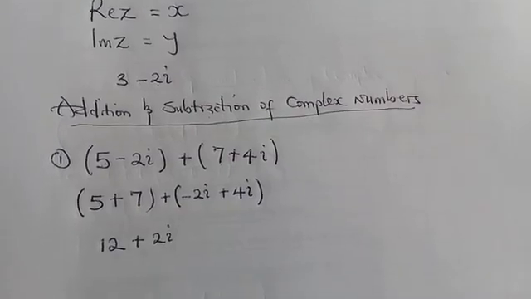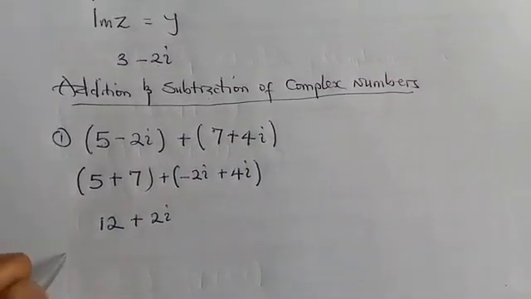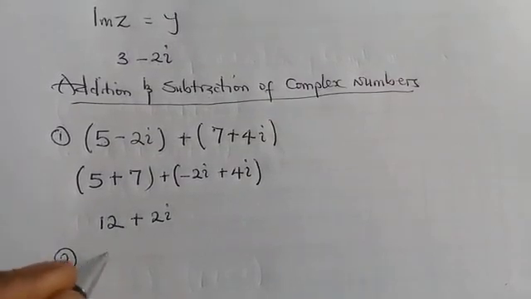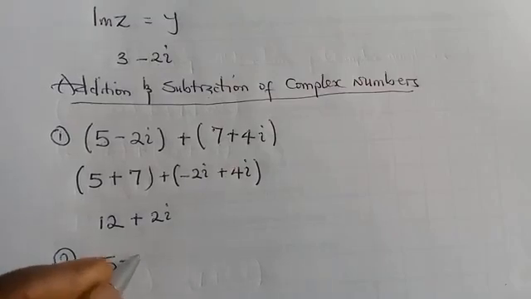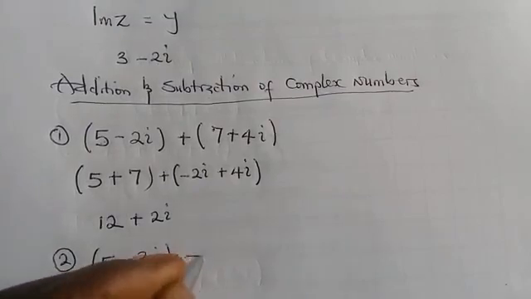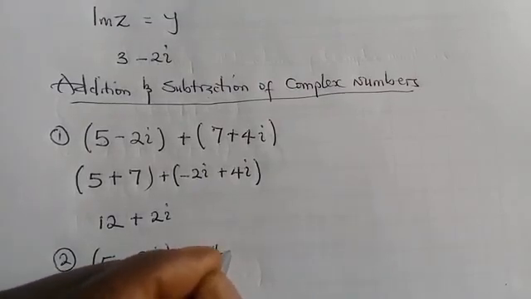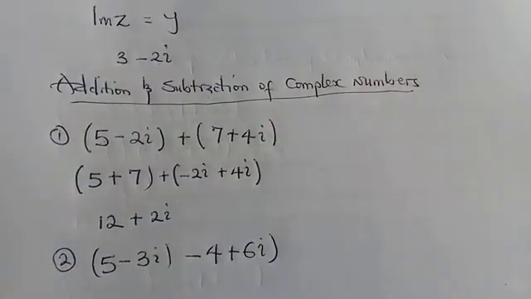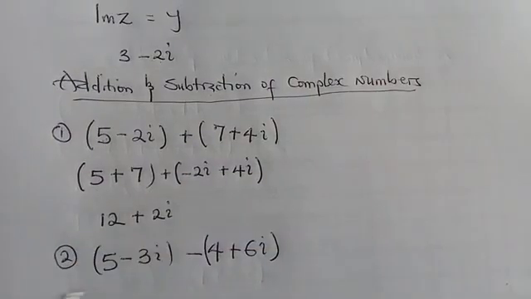The second example here: we have 5 minus 3i minus 4 plus 6i, right?